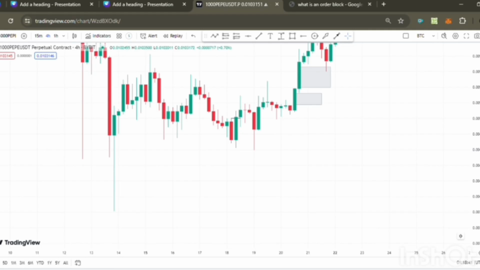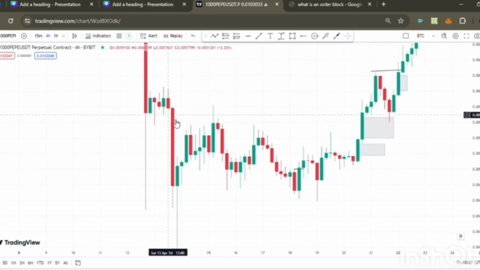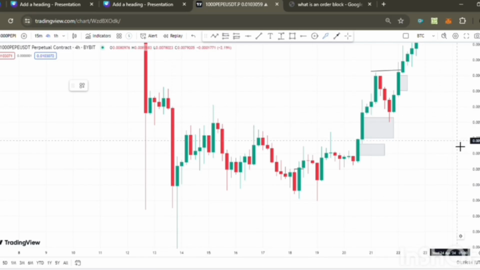When you want to enter the market, the formation of that candlestick, the length of the candlestick, is what will determine what kind of order block entry you are going to use. If the candlestick is long like this one, then you may not want to use the wick because you are exposing yourself to too much risk, you understand.